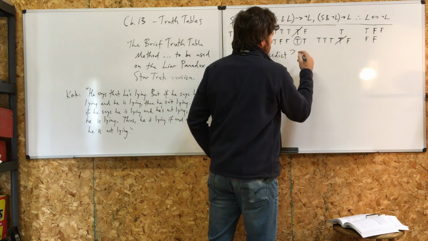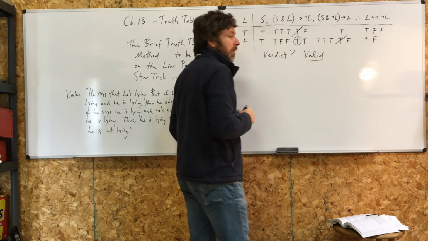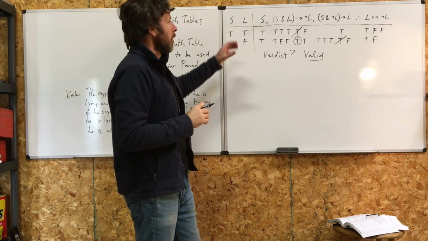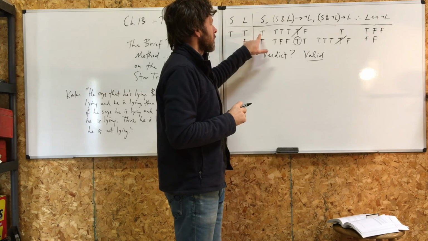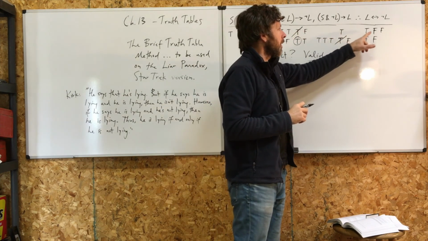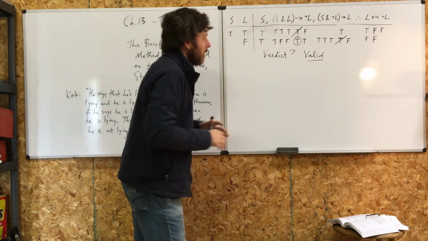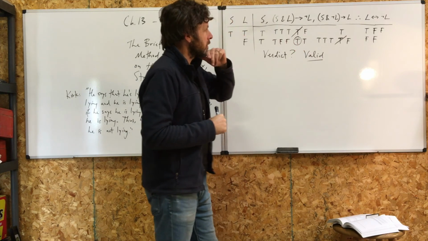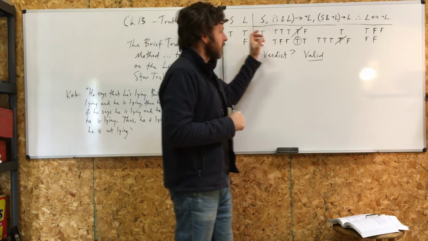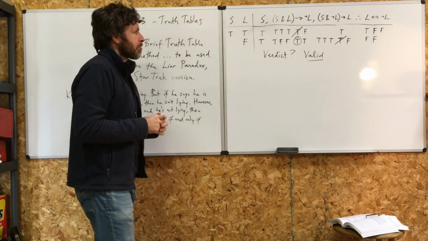If you said valid, you'd be right. Why? We were unable to make a row such that all the premises were true and the conclusion false. In other words, there is no possible world where the premises are true and the conclusion false. We've just guaranteed this argument. It is valid.